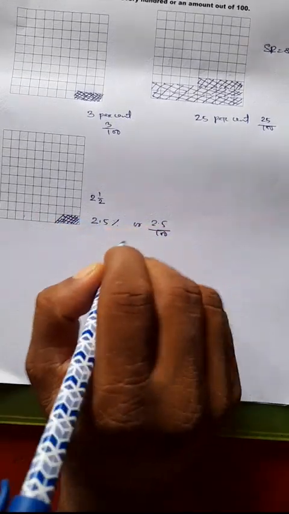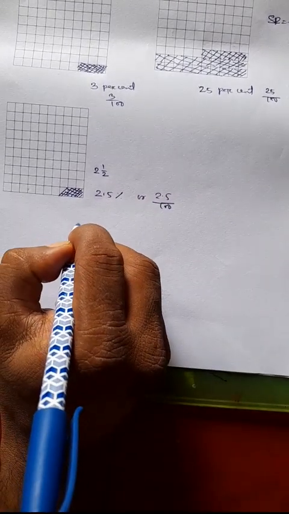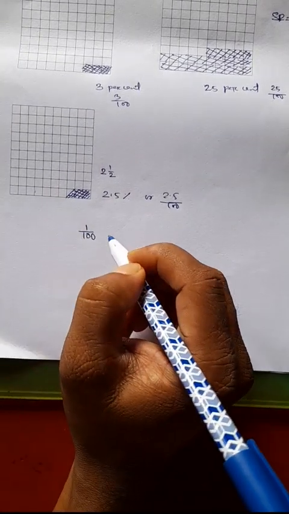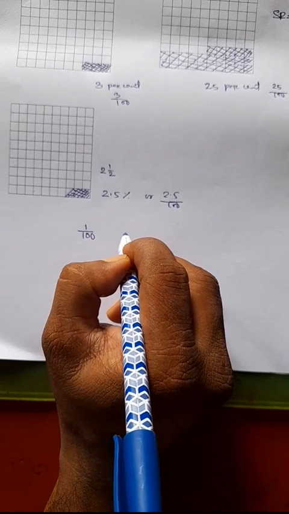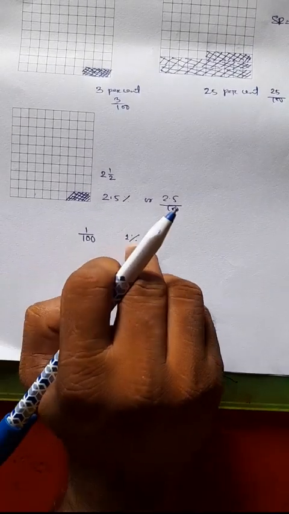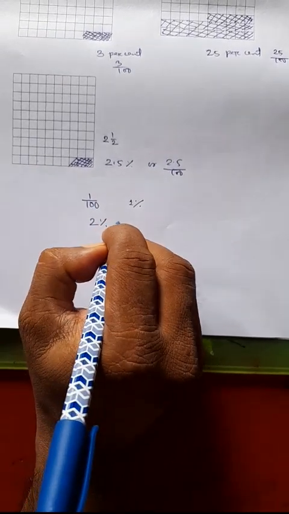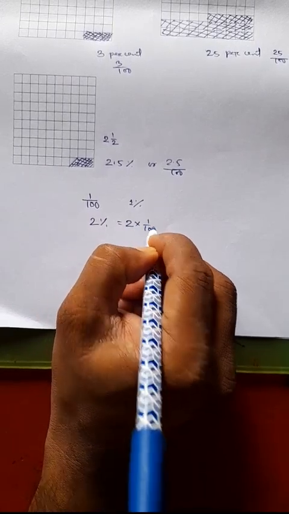Now when we say 1%, 1% means 1 out of 100. And symbolically we write it as 1%. That means we eliminate this denominator by this symbol. So when we say 2%, that means this is 2 times 1%.